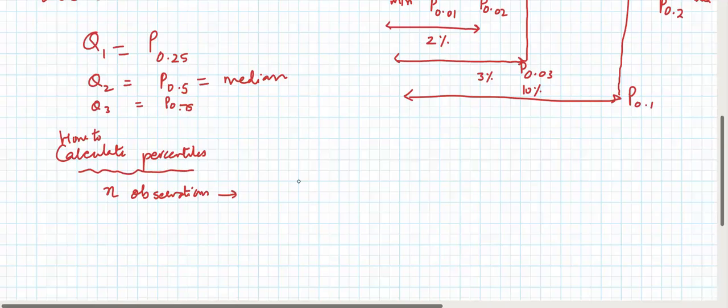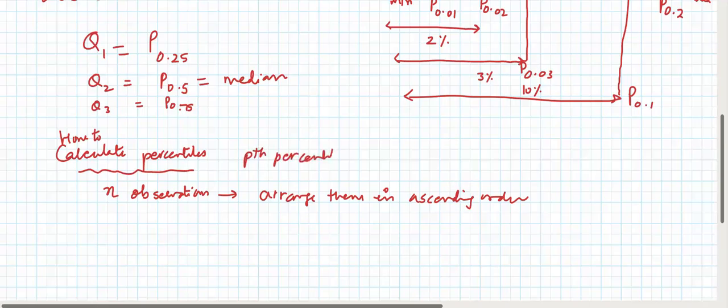You arrange them from smallest to largest, in ascending order. Suppose I want to calculate the pth percentile. I have n data points, so there are a total of n observations and I want to calculate the pth percentile. So I will compute np.